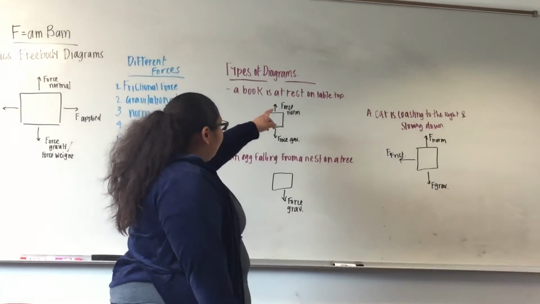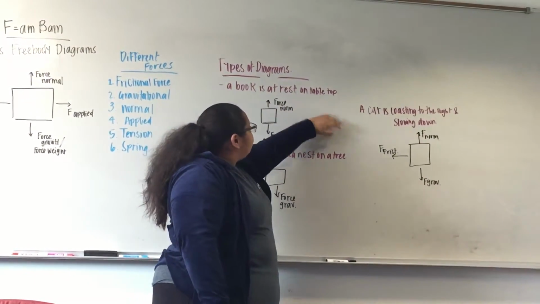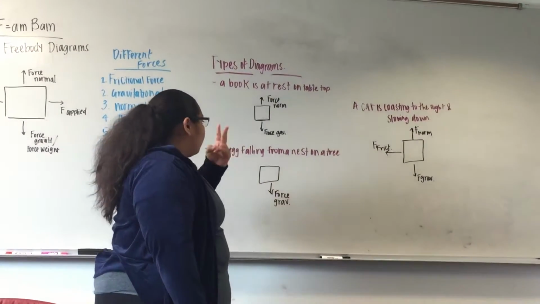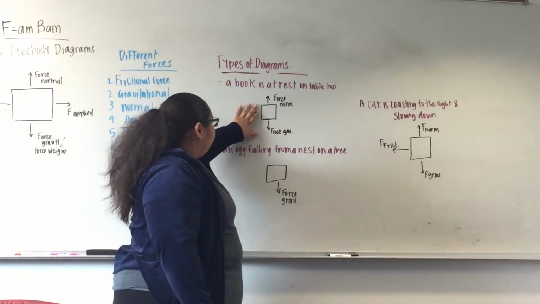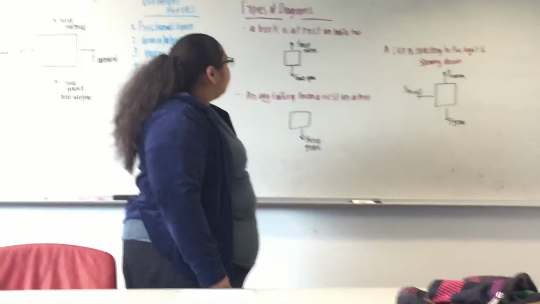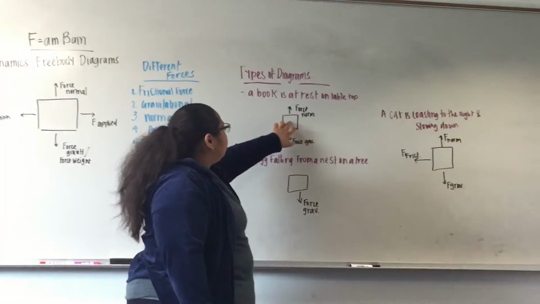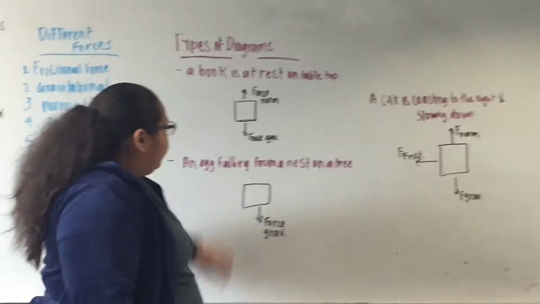A book at a resting position on the tabletop. The 2 forces being used on the object: a box will always represent the object, so a square is the book.